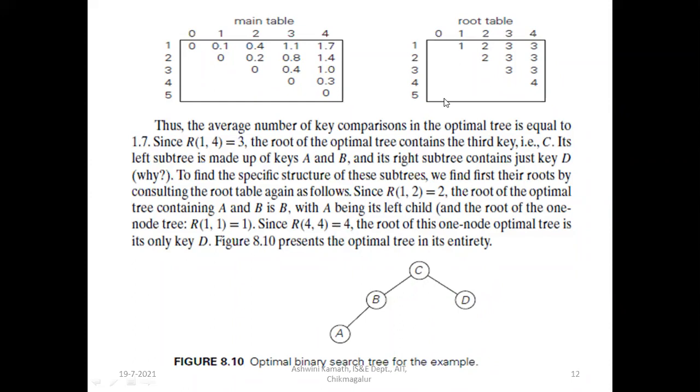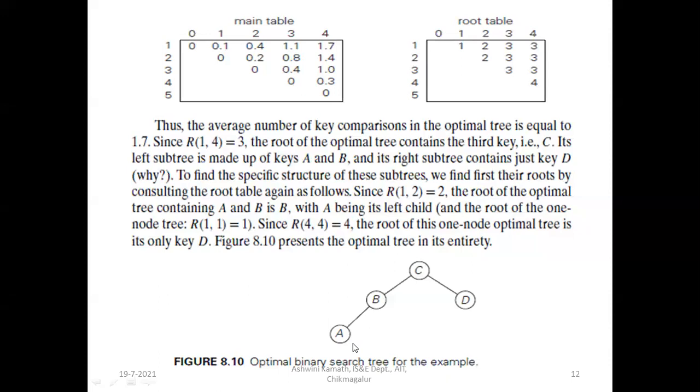So here you check with the root table. You check for 1 and 2. 1 means A, 2 means B. Here (1,2) value is 2, so 2 is the root and A will come on the left side of B. I hope you are getting it.